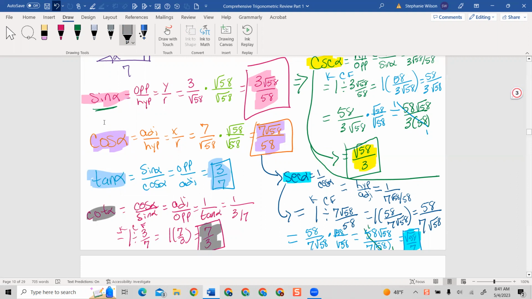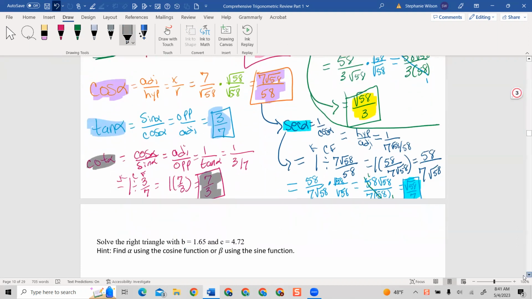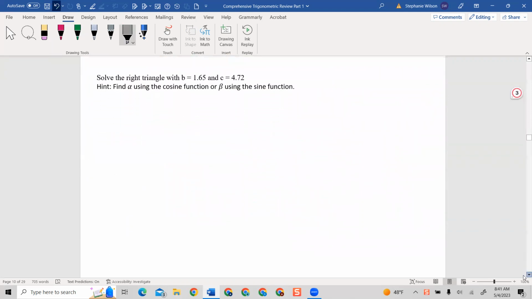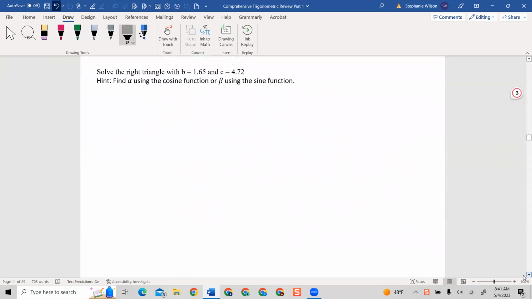Okay, so now let's solve our next one. The next one says solve the right triangle with b equals 1.65, c equals 4.72. Find alpha using the cosine function or beta using the sine function. So you've got a choice here, right? So first thing is we need to use the Pythagorean theorem because I don't know what a is.